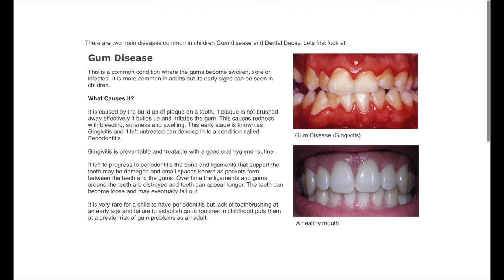Over time, the bone and ligaments and gums are destroyed. Teeth can appear longer as the roots become visible. Teeth become loose and eventually fall out. Dentists can only stabilise conditions. Damage cannot be reversed. This is one of the main reasons we encourage good habits in children to be established from childhood through to adulthood.